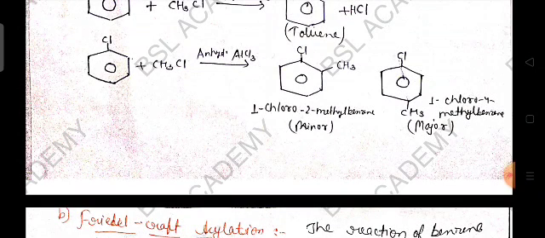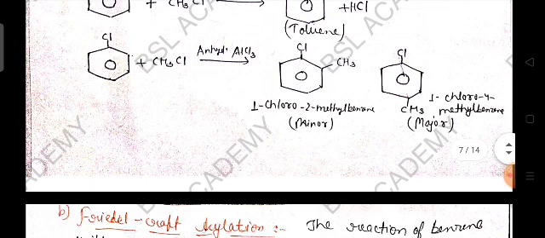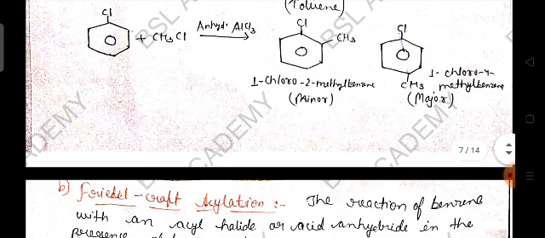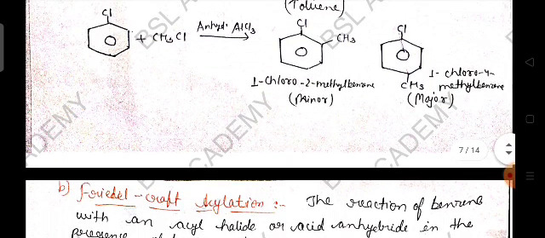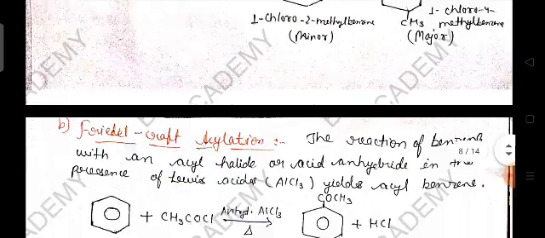So the 1-chloro-2-methylbenzene will be the minor product, which is on the ortho position, and 1-chloro-4-methylbenzene is the major product. That means this is on the para position. So para is the major and ortho is minor.